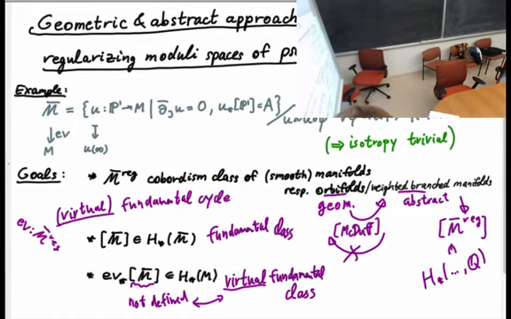Maps from the regularized space to N. If that's a smooth manifold, then that map is a cycle. It's unique up to cobordism. So that's already pretty close to a class.